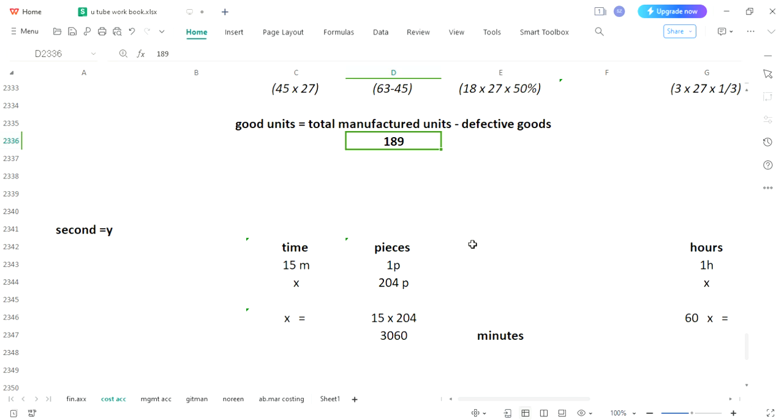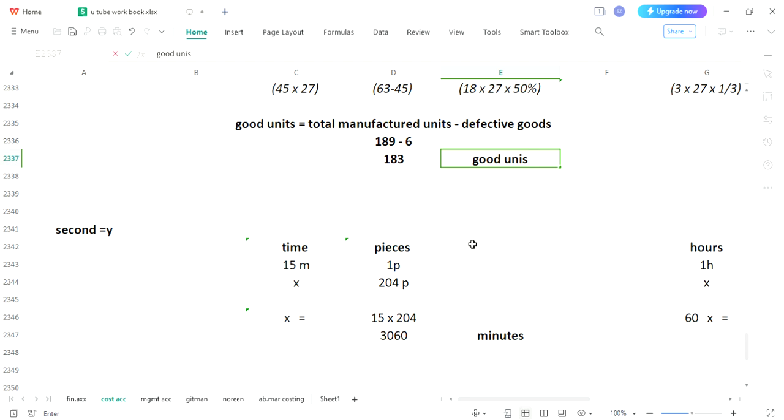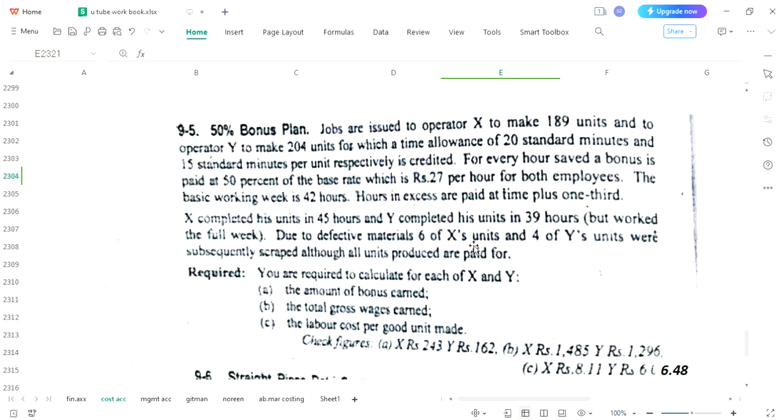So out of 189, 6 units are defective. Now you can calculate 189 minus 6, 183 units are your good units. What we have calculated is good units. Now, what was required in the question? Labor cost per good unit.